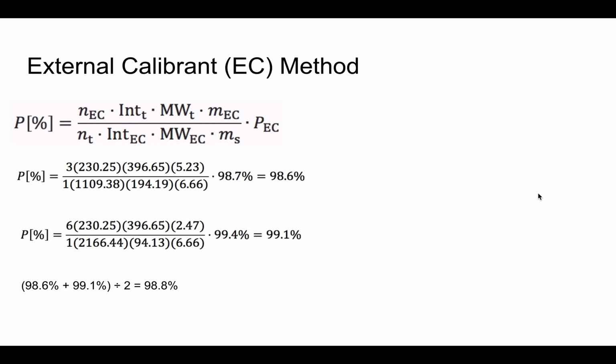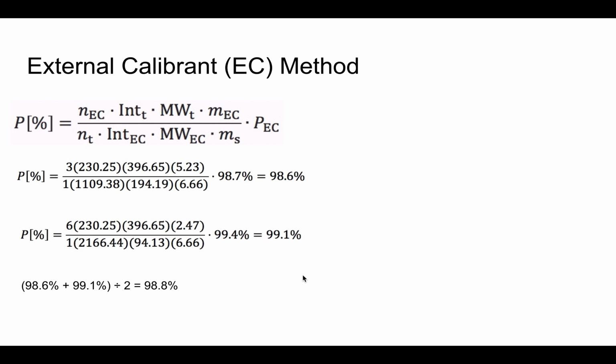We need to respectively calculate the percent purity using caffeine as one of the external calibrants and DMSO2 as the other external calibrant. So this first calculation uses the values for caffeine. This second calculation uses the values for DMSO2.